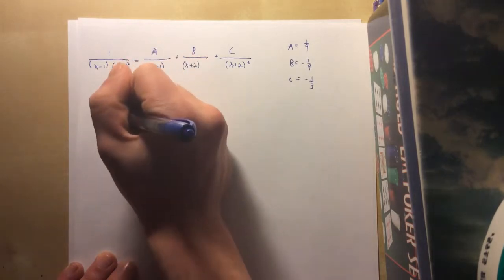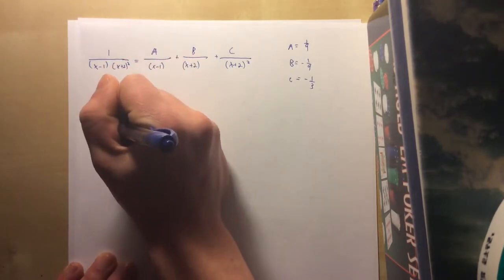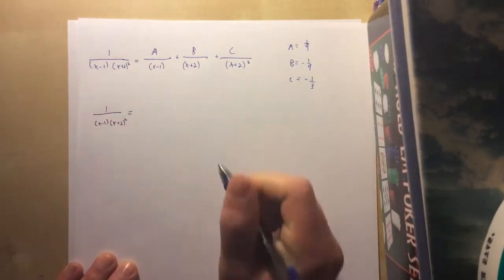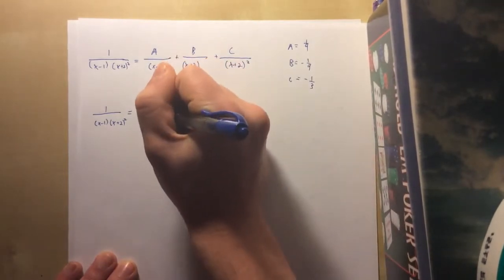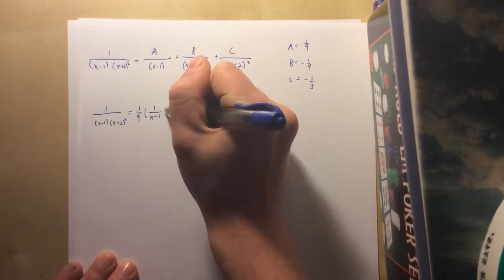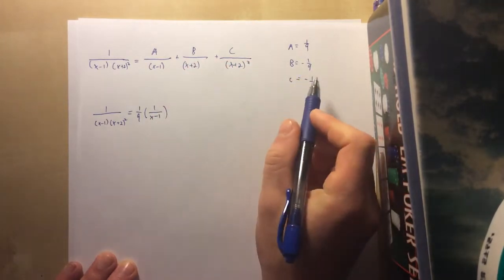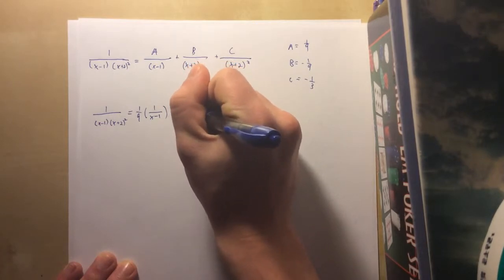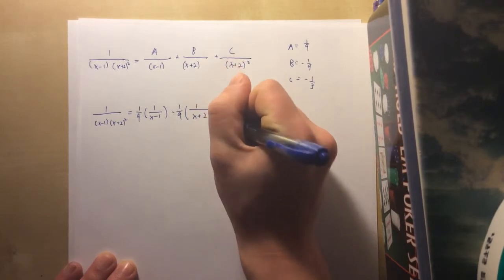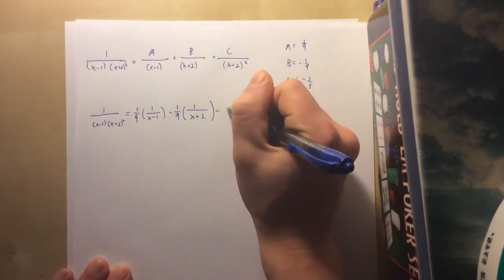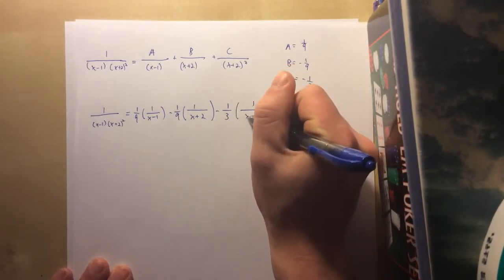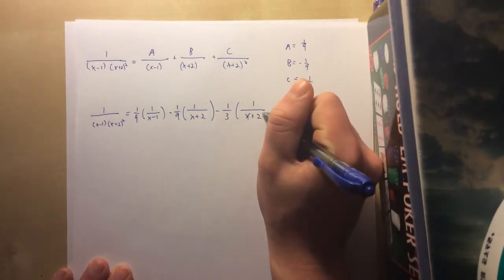We get that 1 over x minus 1 times x plus 2 squared is equal to 1/9 times 1 over x minus 1, and then minus 1/9 times 1 over x plus 2, and then negative 1/3 times 1 over x plus 2 squared.